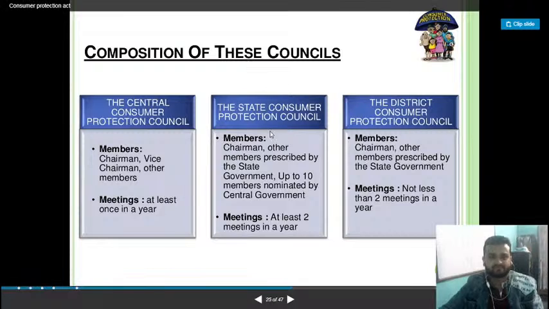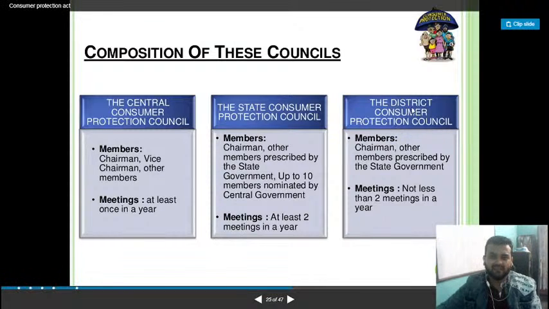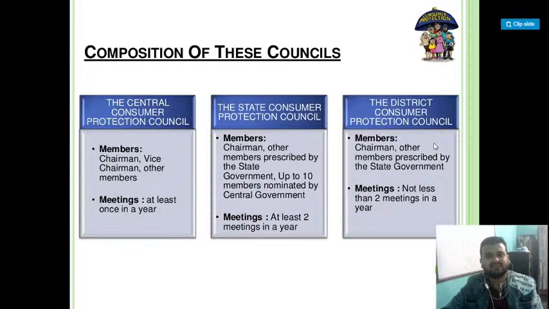Now let us see who are the members of these different councils or committees. Let's start with the district level. At the district level, the members are the chairman and other members prescribed by the state government.